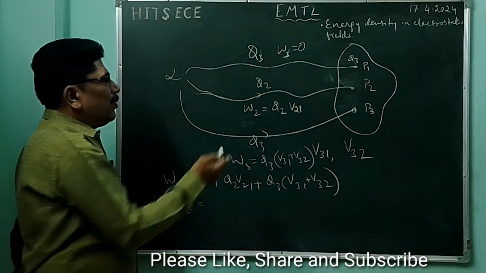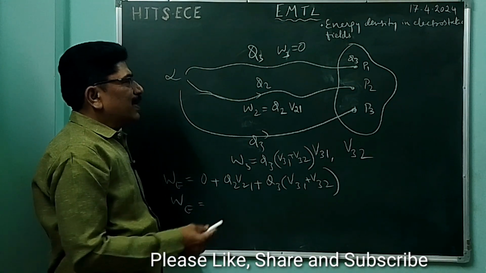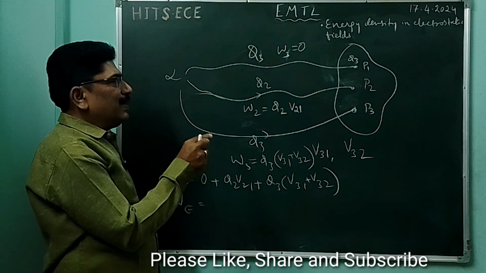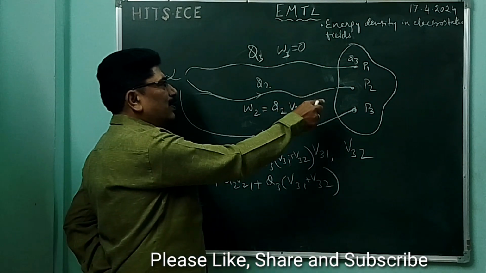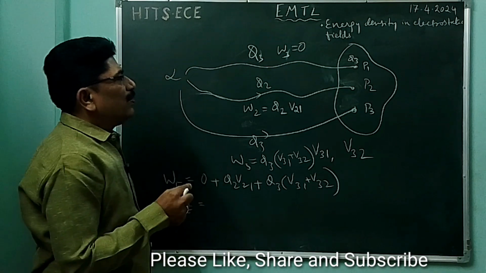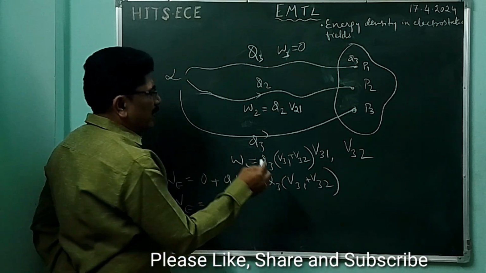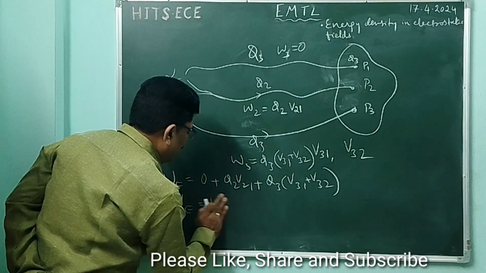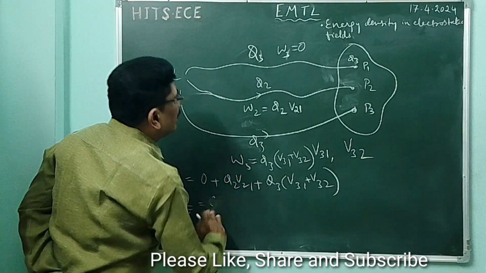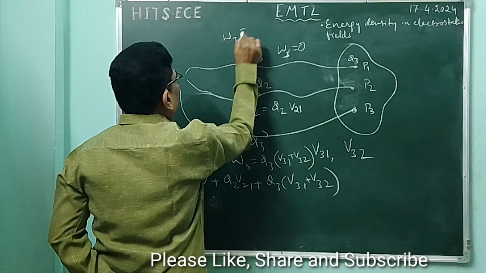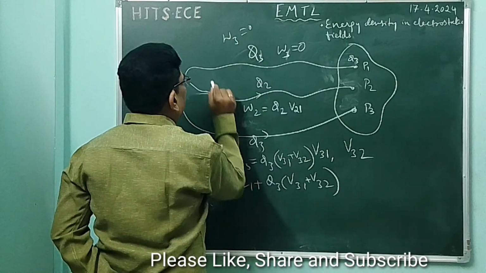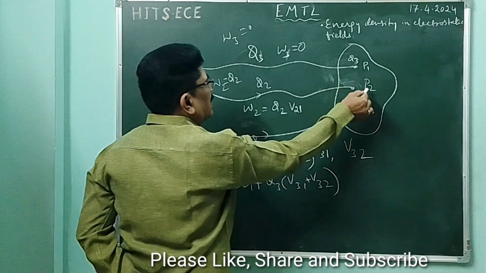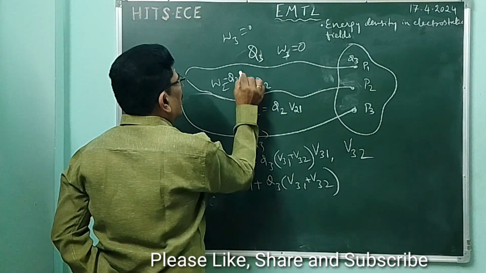For moving Q2, because of the presence of Q3, a potential will be developed at point P2, and W2 is equal to Q2 into that potential.